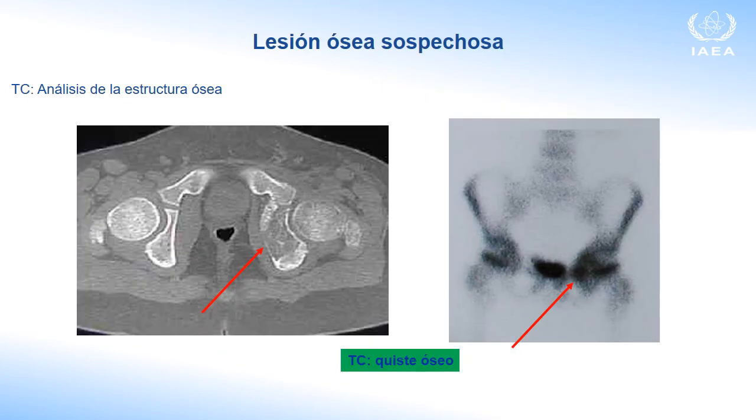SPECT CT is very important in bone lesion, benign or malignant. In case of suspect lesion, the CT will help you in the analysis of the bone structure. This is a case of a benign cyst, with no rupture of the cortical bone, so the high signal in bone scan corresponds exactly to the cyst.